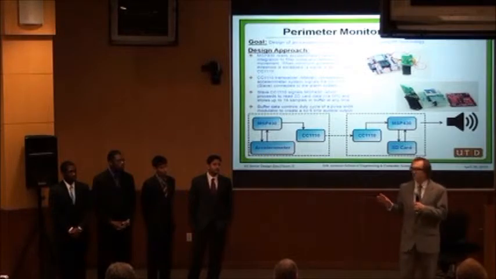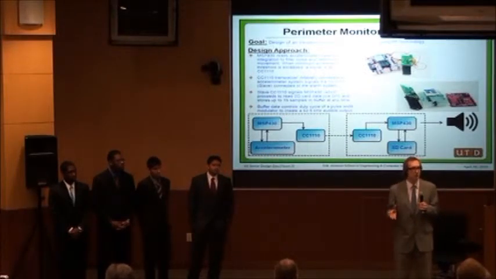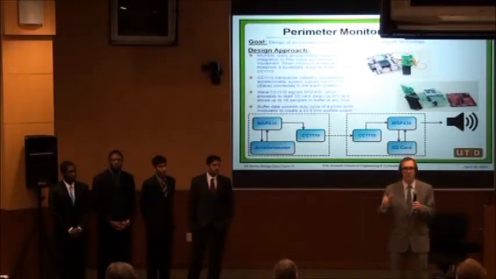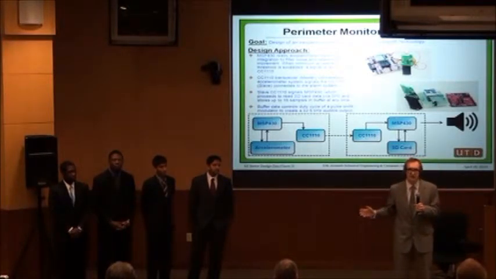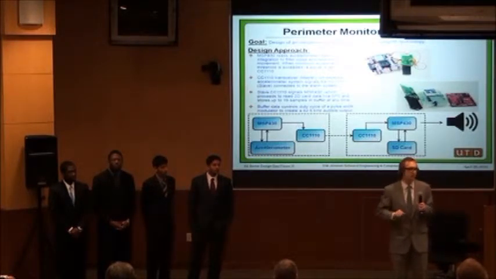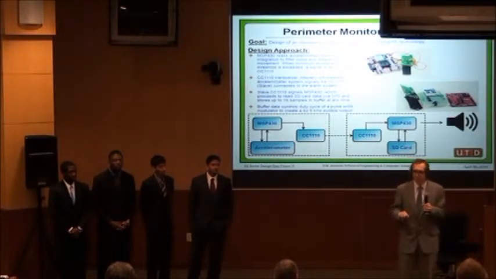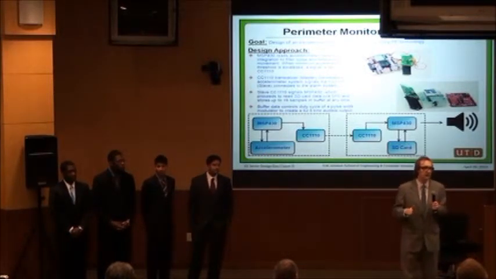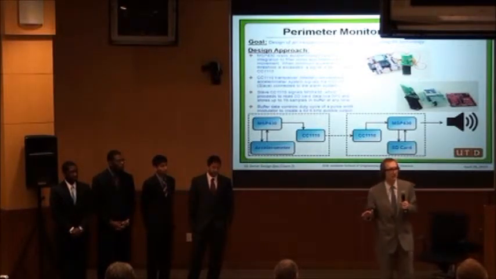Now, what this allows the user to do is place this small module on, say, a pantry door if they have a dog that's getting into the pantry, or on their study door if they have small children that they don't want to get on the computer. And unlike modern security systems, this is a low-cost, low-maintenance solution that requires very little installation.